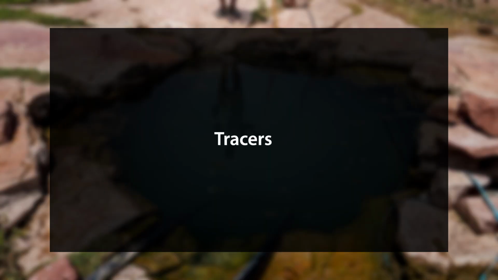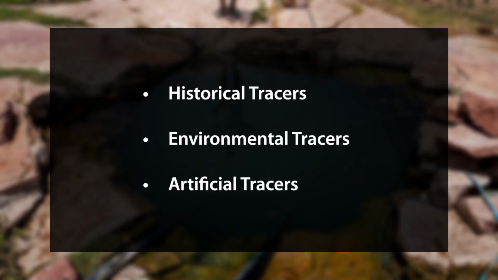So, tracers are another type of technique which is used to determine recharge by identifying flow paths, quantifying movement rates through the unsaturated zone, and distinguishing between different water sources. The method generally falls into three categories: historical, environmental, and artificial tracers.